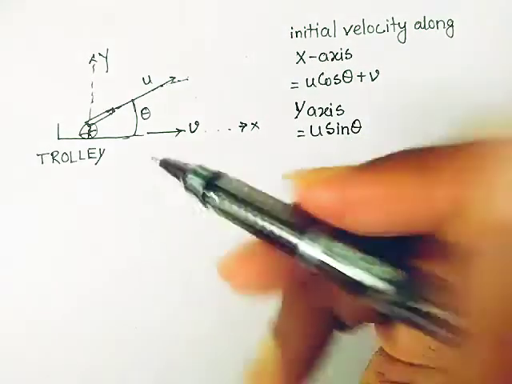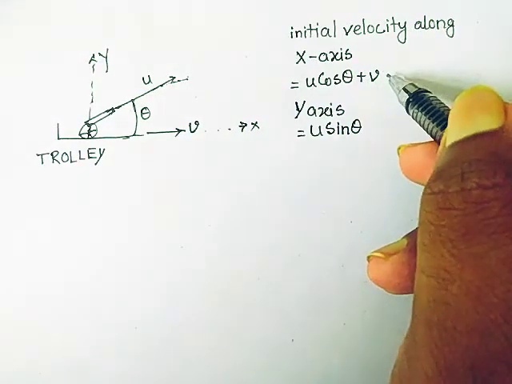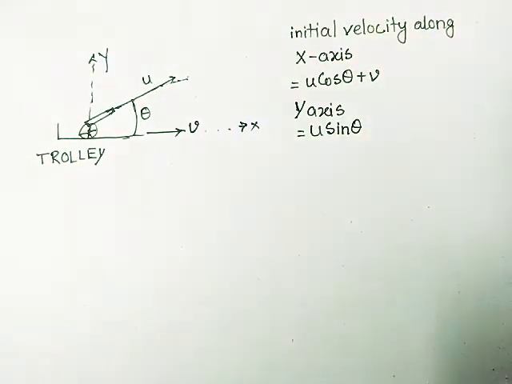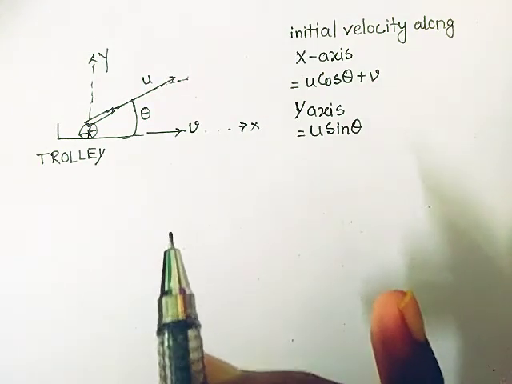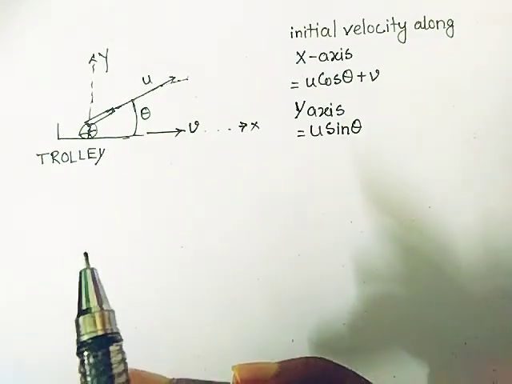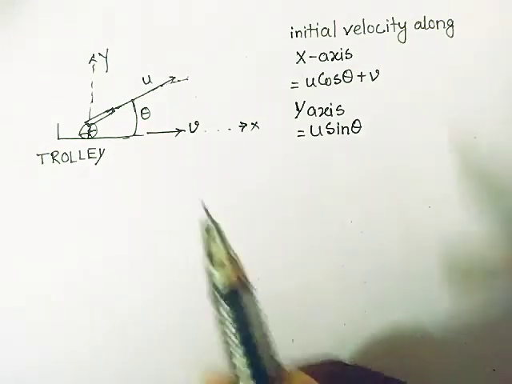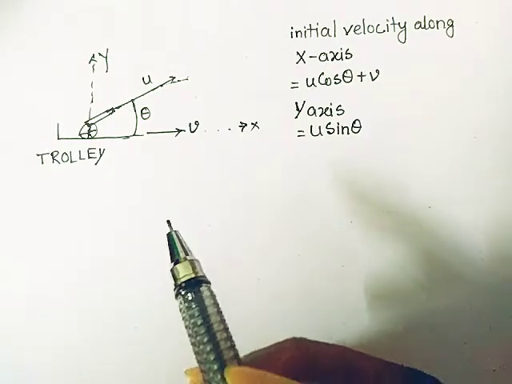Now it is not only u cos theta. So whatever terms depend on the horizontal velocity will change, and the terms which depend on the vertical velocity, that is along the y-axis, will remain invariant.